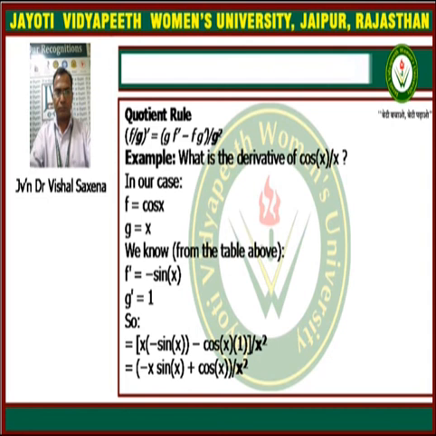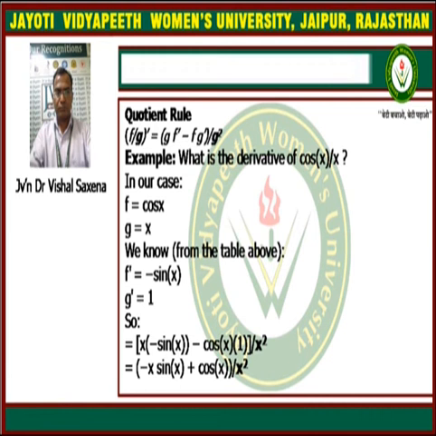In the denominator we take g square, that is x square. Then g into f dash: g means x, into f dash, the derivative of cos x, which is minus sin x. Then minus f g dash: f means cos x, and g dash, the derivative of x, is 1.